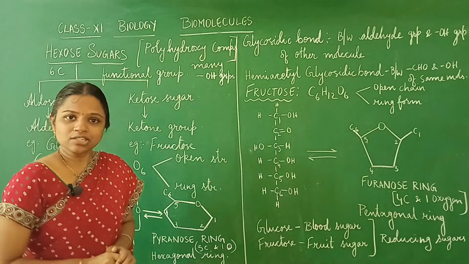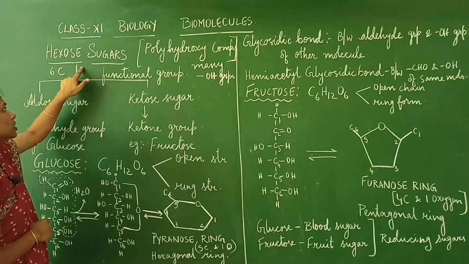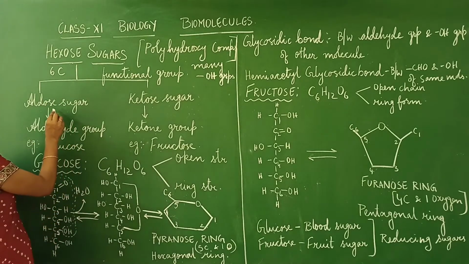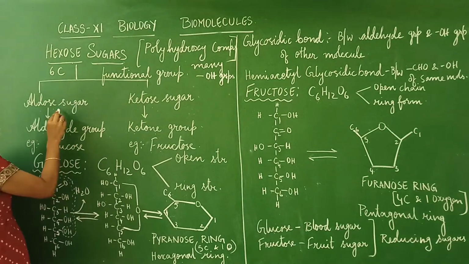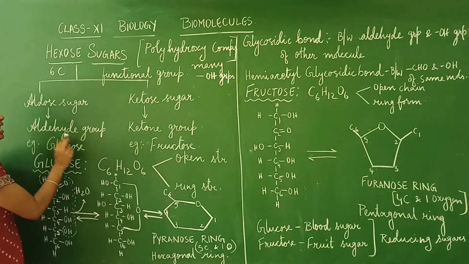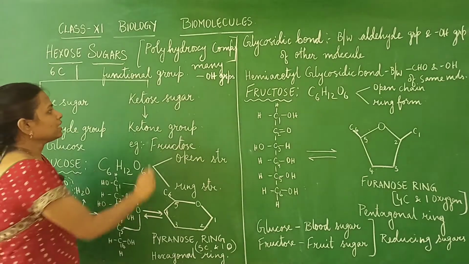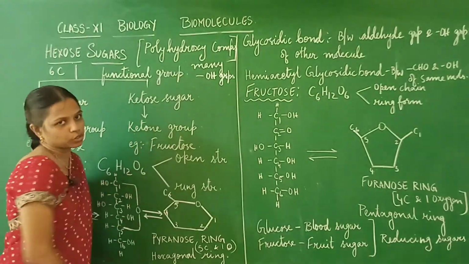Now, based on the type of functional group, these hexose sugars are of 2 types, that is aldose sugar and ketose sugar. The aldose sugar has the functional group as the aldehyde group, whereas the functional group in ketose sugar is the ketone group.